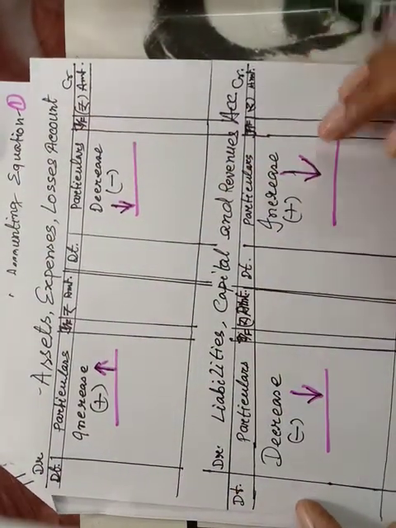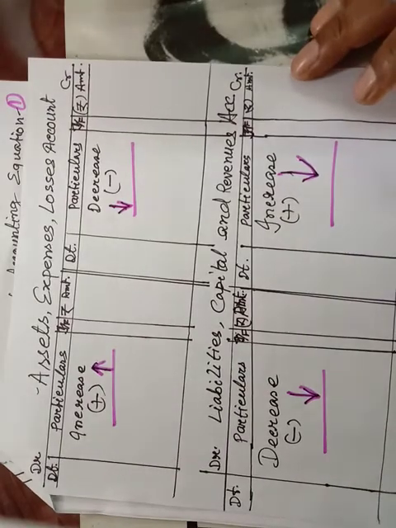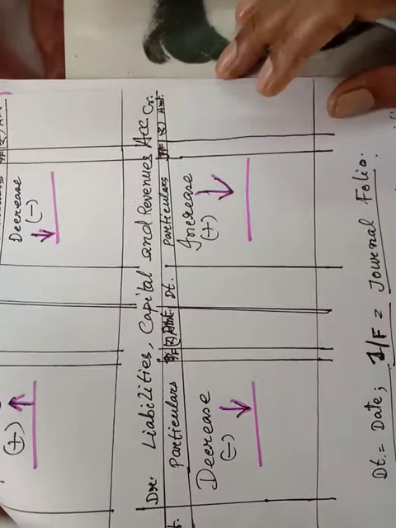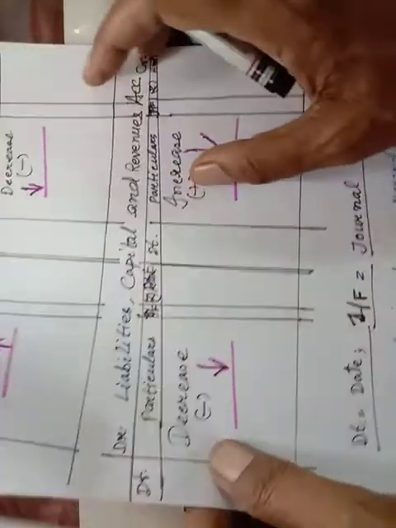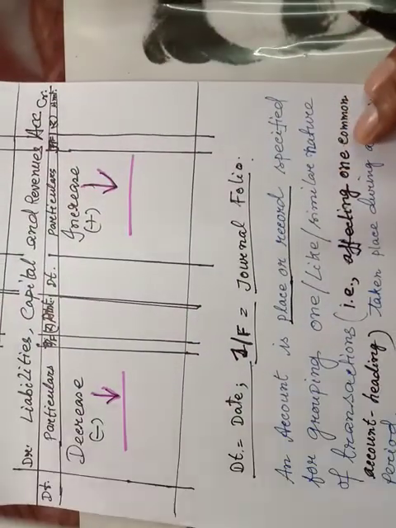Here you see Dt, which I have written, means debit date, JF means journal folio, the journal page number, and I have given the definition of account there.